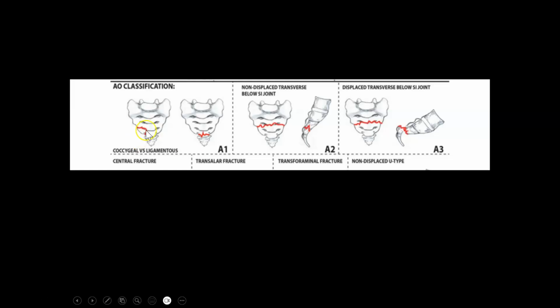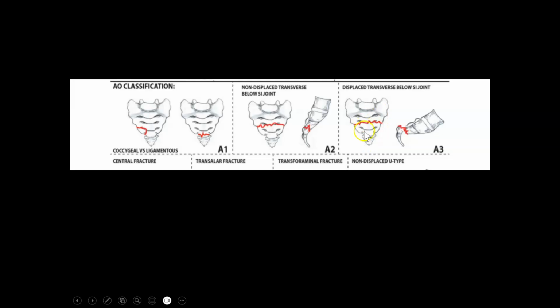So here A1, caudal part of the sacrum, not weight bearing, not very important, and A2, as we said, is extending without displacement and below the sacroiliac joint.